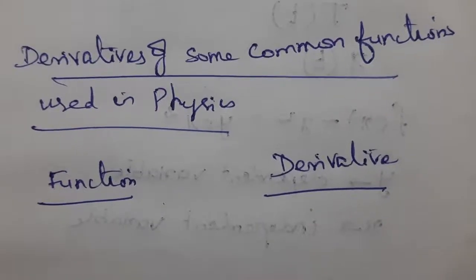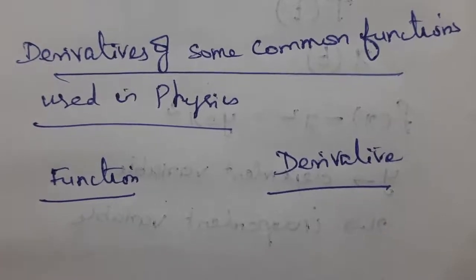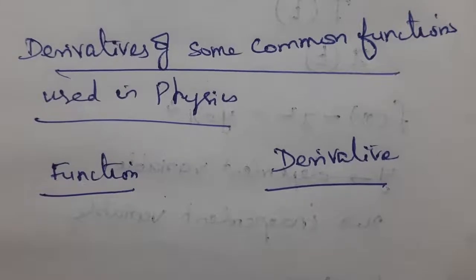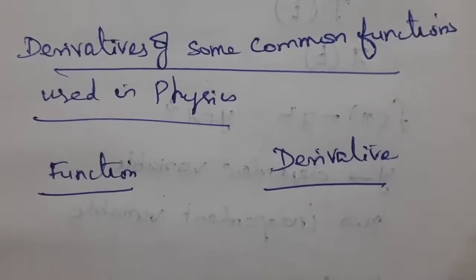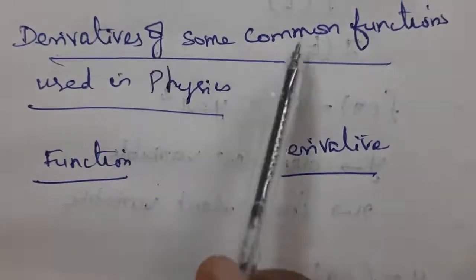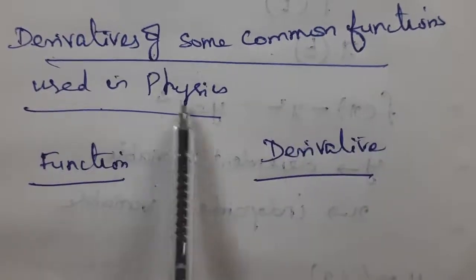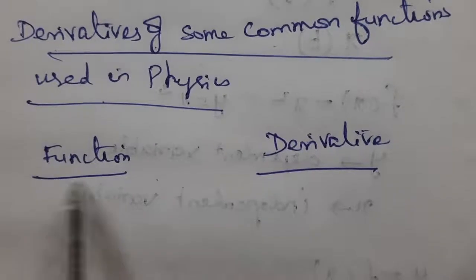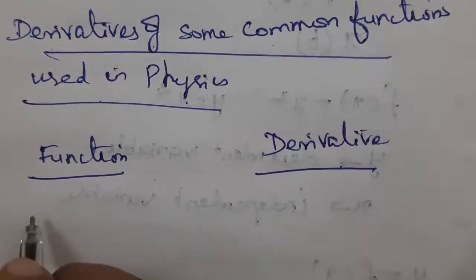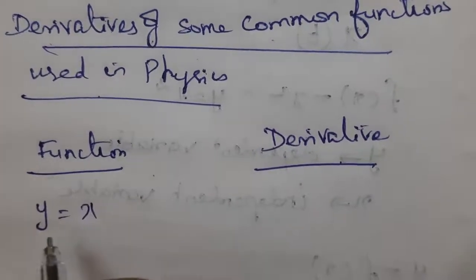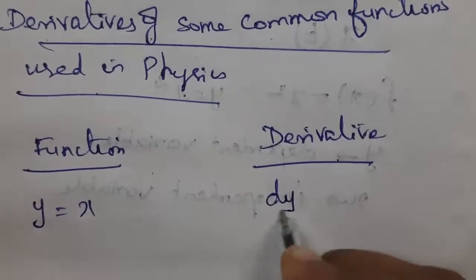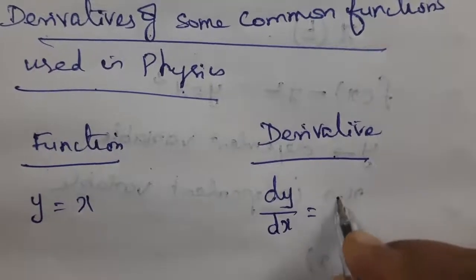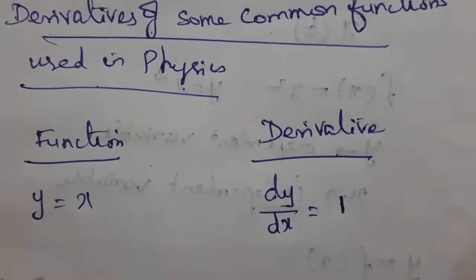So in physics, we should know the formulas in differential calculus. Then we can solve the problems. Okay. So derivatives of some common functions used in physics. This formula you have to learn. Function, derivative. First one, y equal to x means the derivative. Derivative only we can call it as differential calculus. dy by dx is equal to 1.